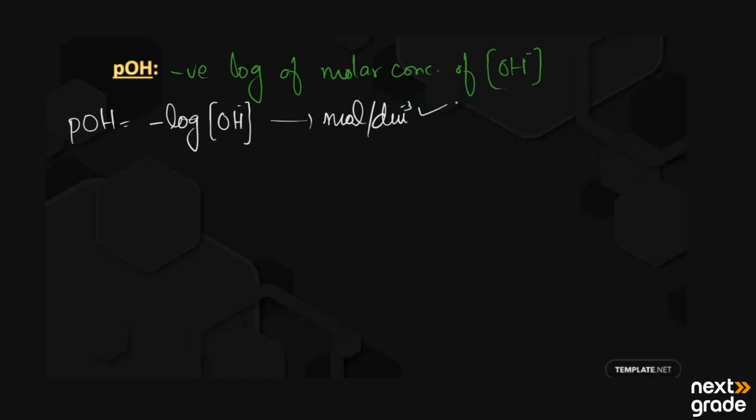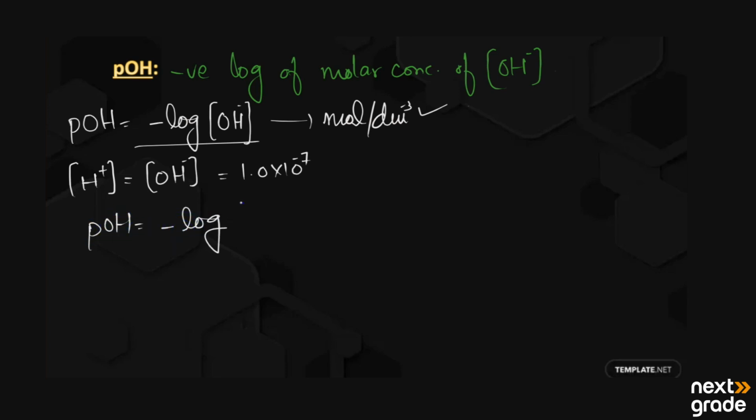We can also find the pOH of the water molecule. As we know, the concentration of H positive ions is equal to the concentration of OH negative ions, which is 1.0 times 10 raised to the power minus 7. By putting in the values, pOH of pure water is negative log of 1.0 times 10 raised to the power minus 7.